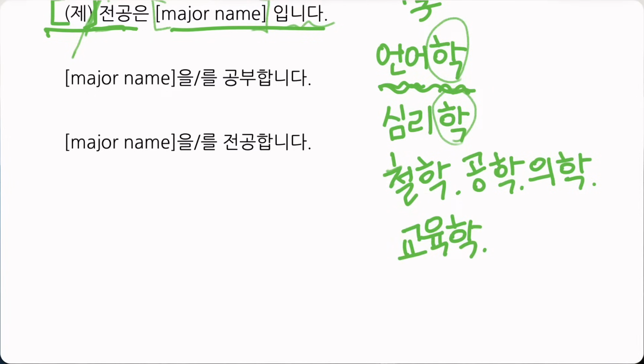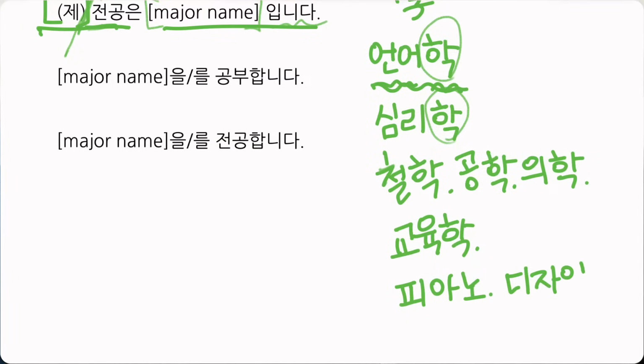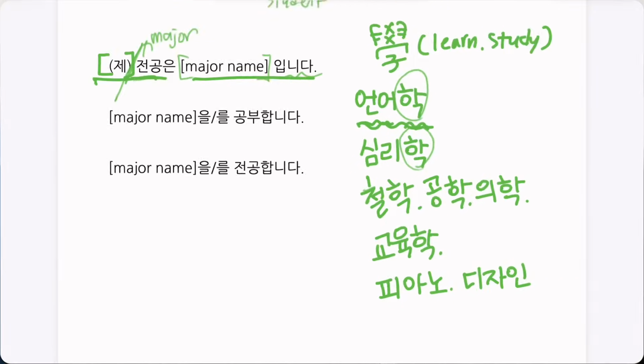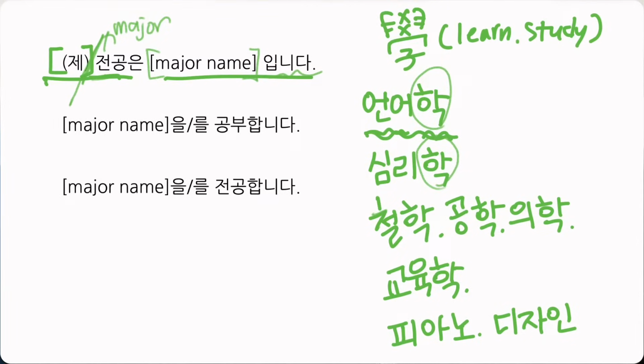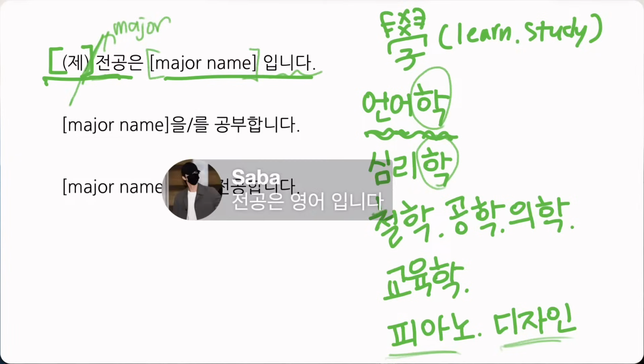When it comes to art, like art and music, you don't have to add 학. For art and music, you just say piano, or like design. So yeah, you can say that. 제 전공은 피아노입니다. My major is piano. 제 전공은 디자인입니다. My major is design.